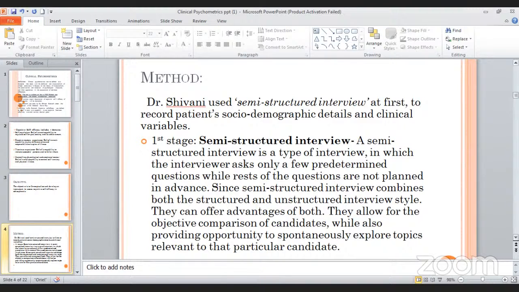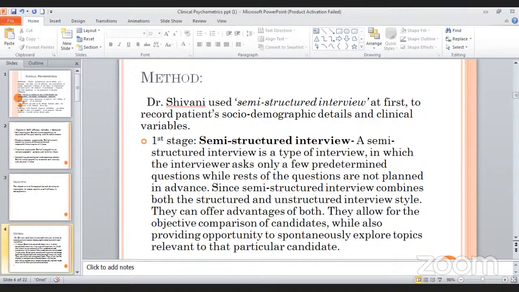It is when you have prepared a set of questions based on your variable and you don't deviate from the set of questions you prepared.